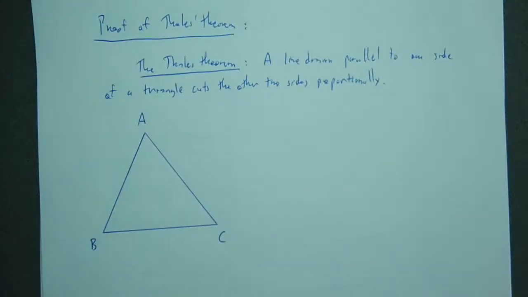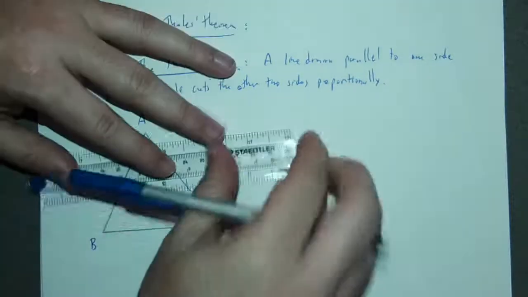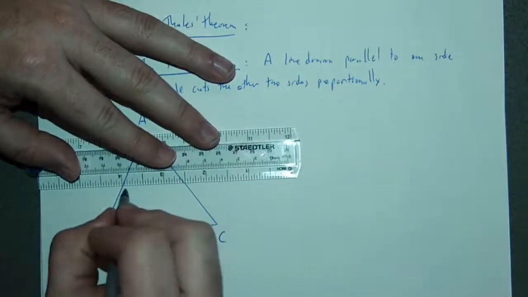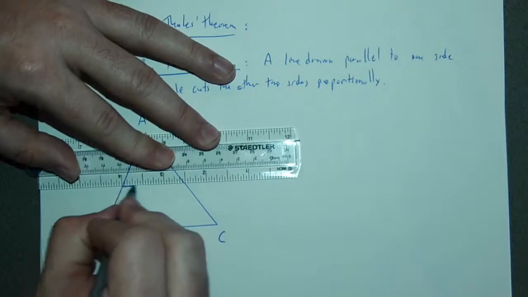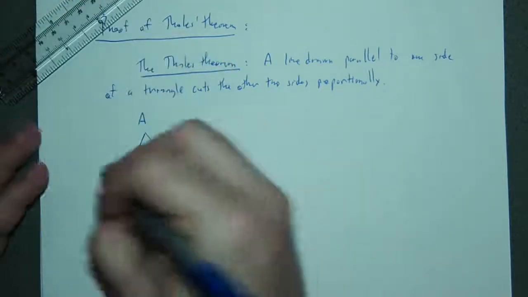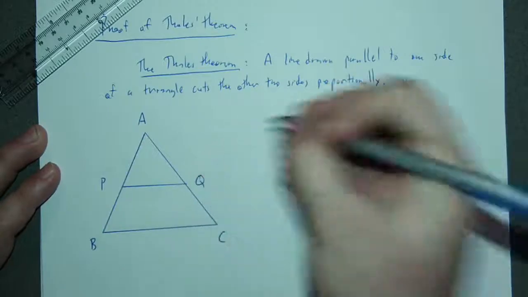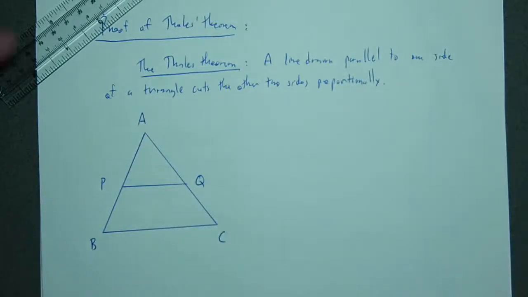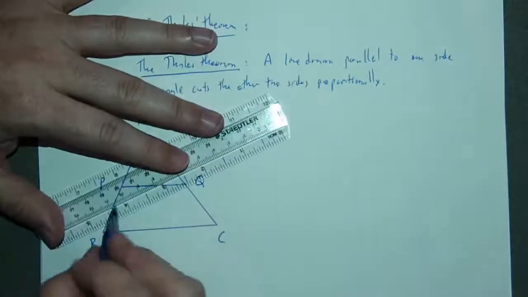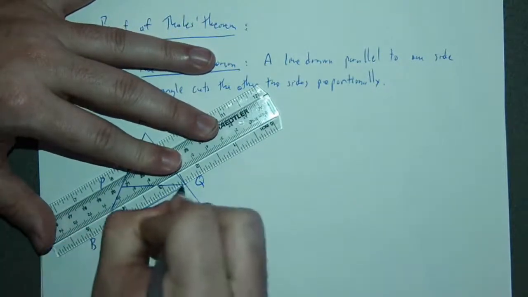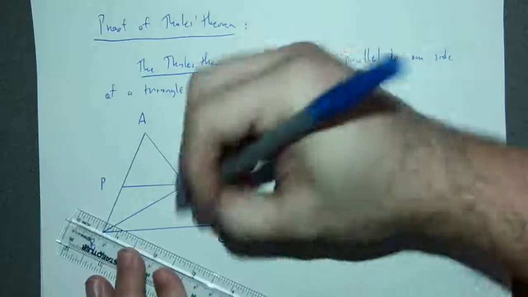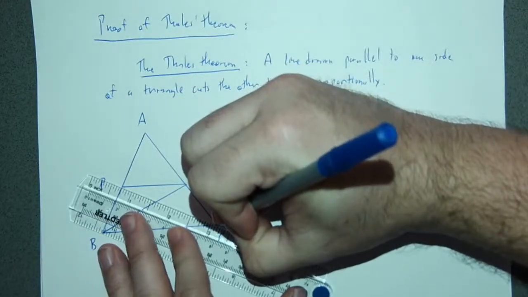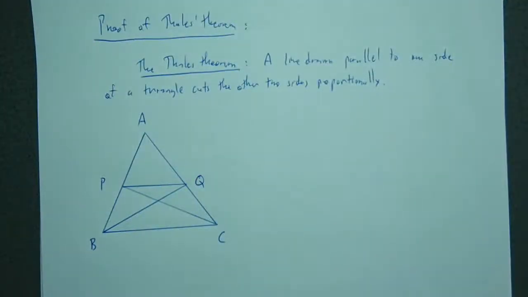And let's consider this triangle cut by a line that is parallel to BC. Okay, so I get line segment, say PQ, from this. Okay, and what I want to draw here are the line segments connecting the vertices B to Q and C to P in this way. Okay. All right, so here's the triangle I want to consider.